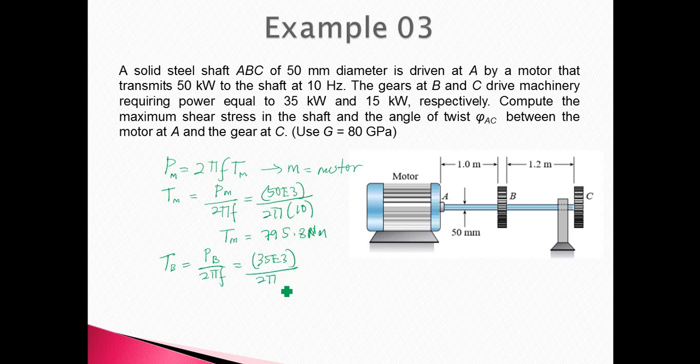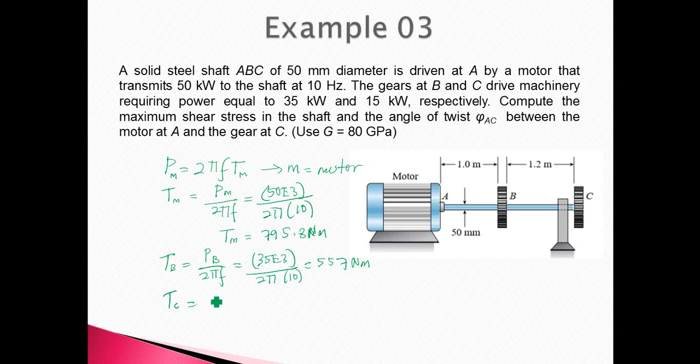Because the shaft is rotated at the constant frequency, the frequency is constant, which is equal to 10, and from here the TB is equal to 557 Newton meter.